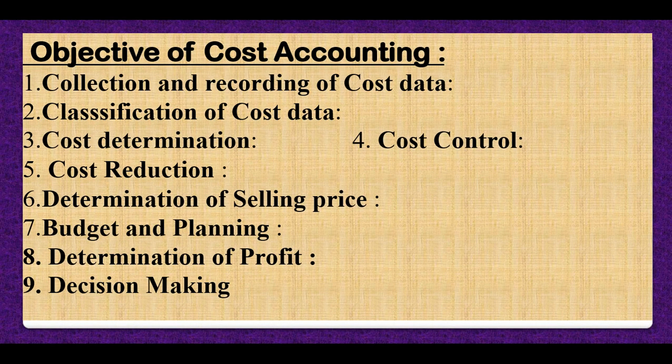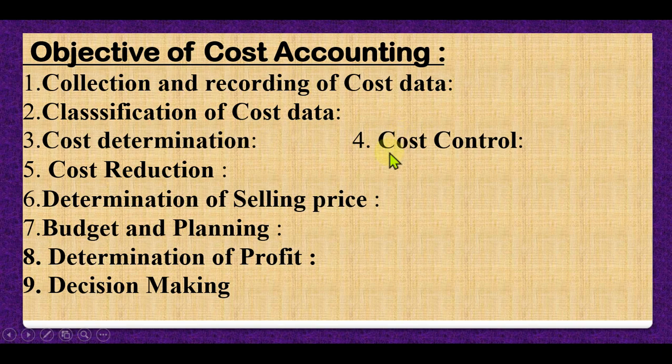Objective of cost accounting. That means why we do cost accounting. Number one, collection and recording of cost data. Cost accounting will help us with collection and recording of cost data. Then classification of cost data. Then we will classify the cost. Then we will determine the cost. Then we will control if there is any excess.